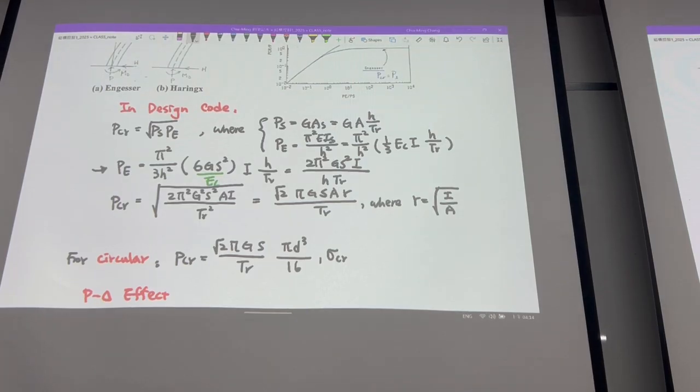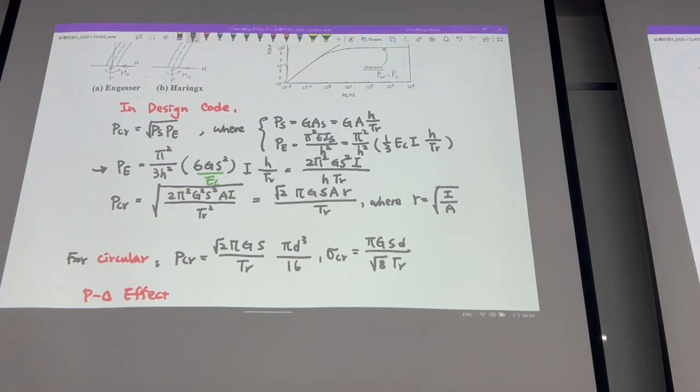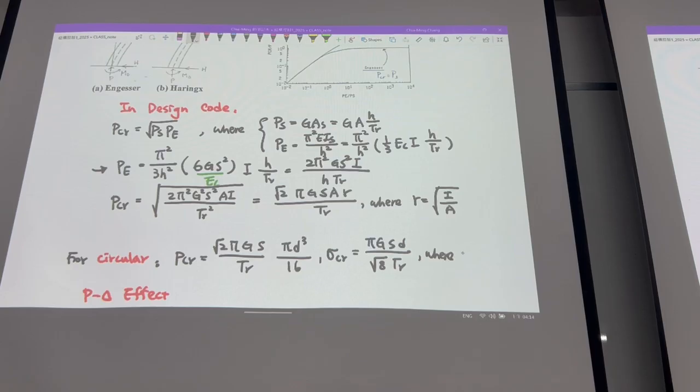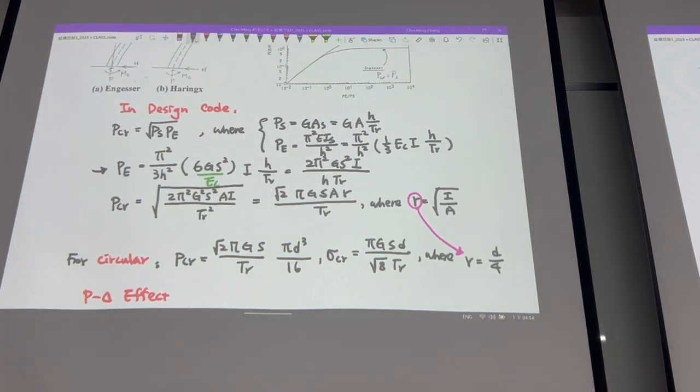Your critical stress is then divided by A. Just to give you an idea.